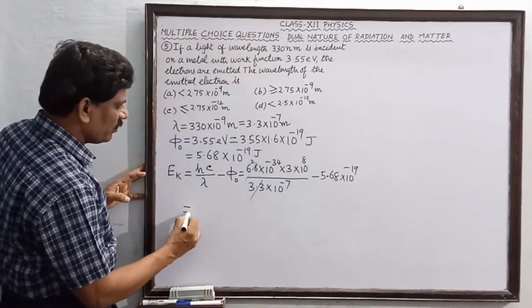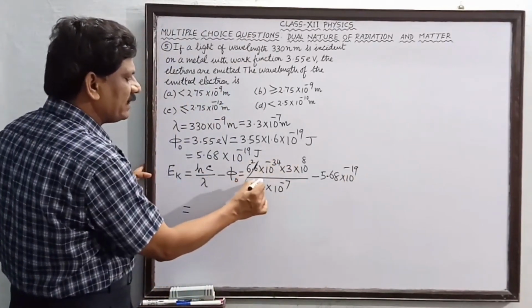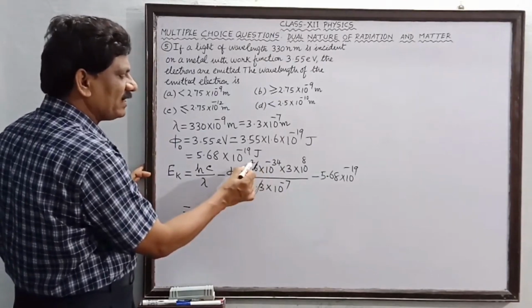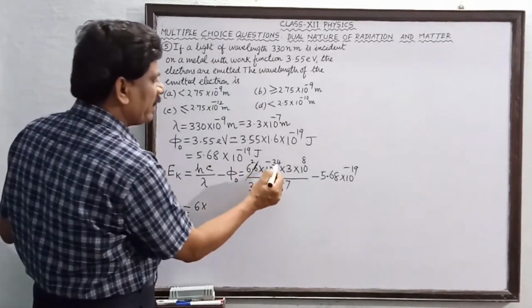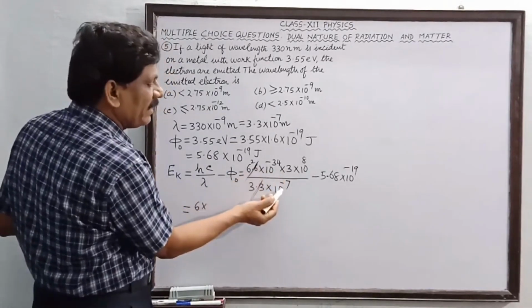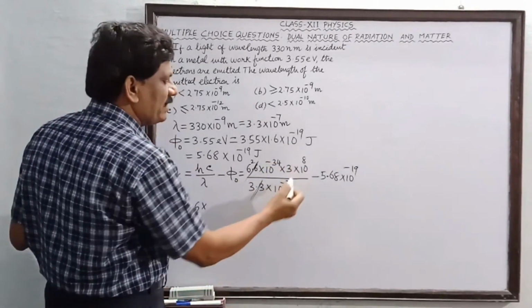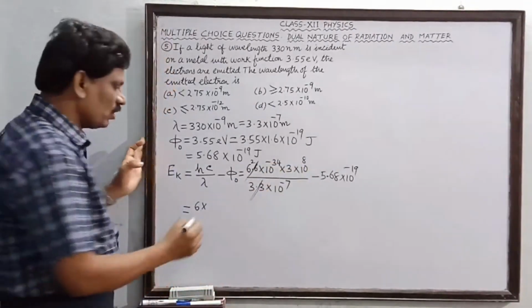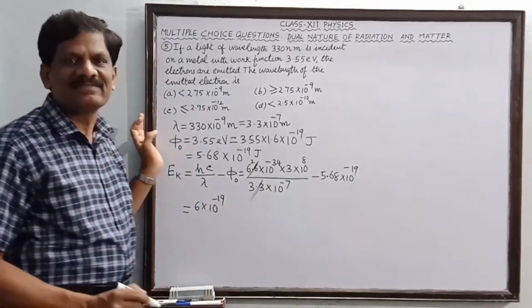So the remaining factor is 2, and 2 into 3 is 6. Now 10 power minus 34 is here, and this 10 power minus 7 will come up as 10 power plus 7. So that 8 plus this 7 will become 15. So the remaining powers will be 6 into 10 power minus 19.